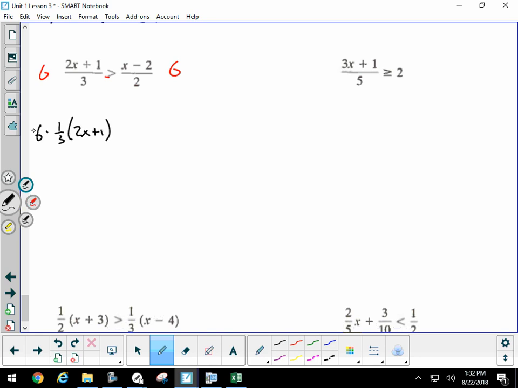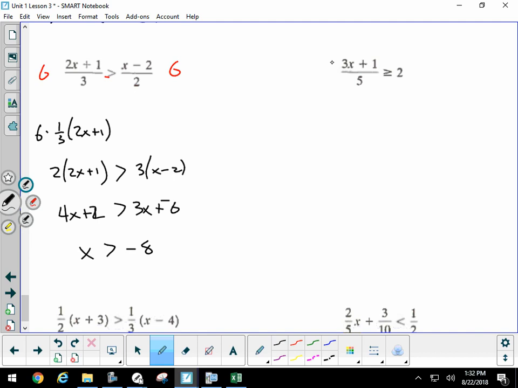That way I know 6 divided by 3 can be 2. Over here we have 6 divided by 2 is 3. So this would be 3x minus 2, or x minus 2 times 3 on the other side. I would distribute. 4x plus 2 is greater than 3x minus 6. Subtract 3x, I have an x. Subtract the 2, I have minus 8. That's the same as adding negative 2, so this is minus 8. x is bigger than negative 8.